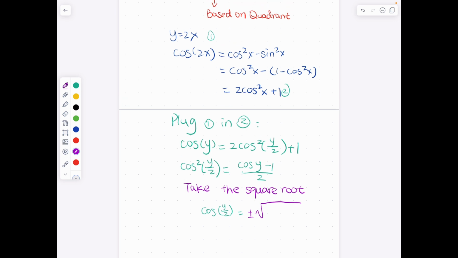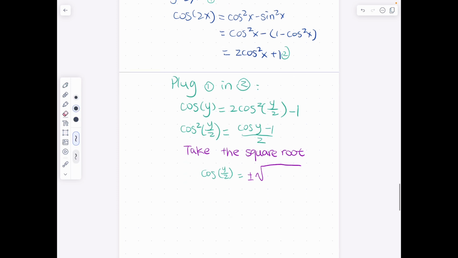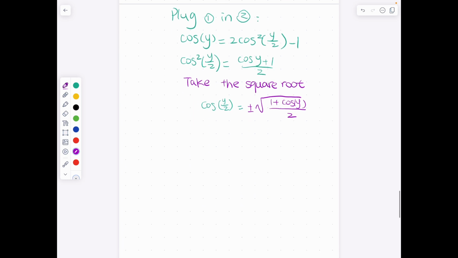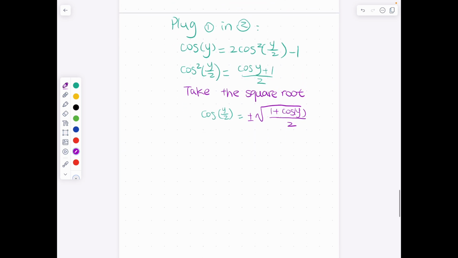Oh, wait. I think I just did something wrong. Oh, okay, sorry. So this should be negative 1, and this should be plus. Now it makes a lot more sense. So it's equal to the square root of 1 plus cosine of y, divided by 2. Okay, and now let's just do the tangent.